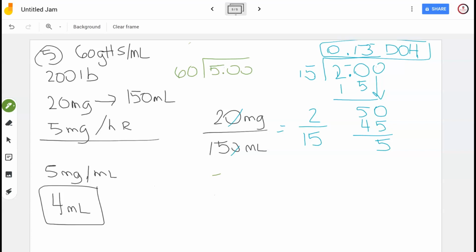So 60 goes into 500. Oh, let's start here. 60 doesn't go into 5. 60 doesn't go into 50. 60 goes into 500 8 times. This is 0. It's 48.